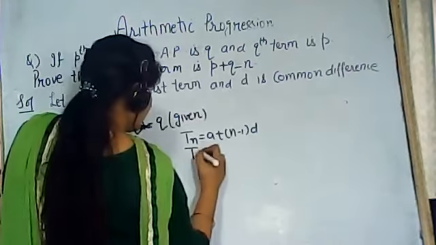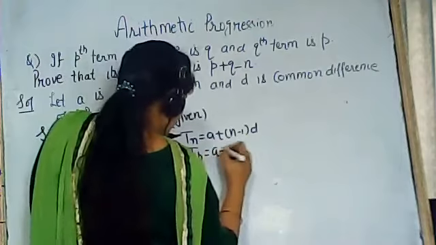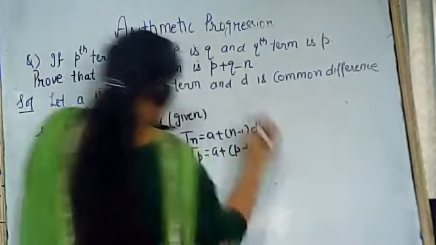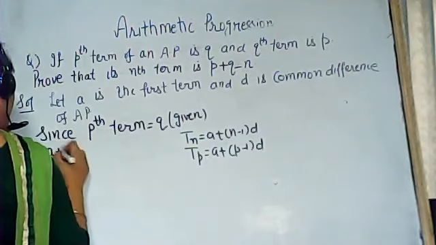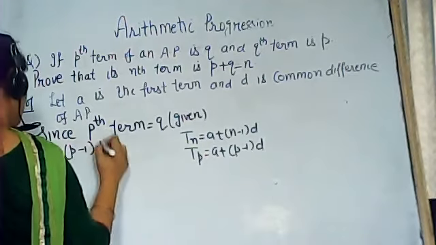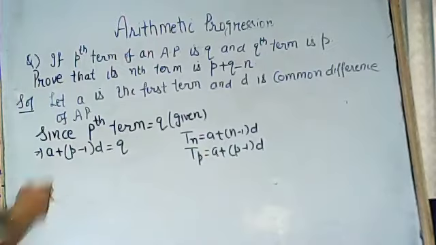So what will be our pth term? Replace n by p. So the formula for the pth term is A plus P minus 1 into D, and this is equal to Q. Now let us simplify.